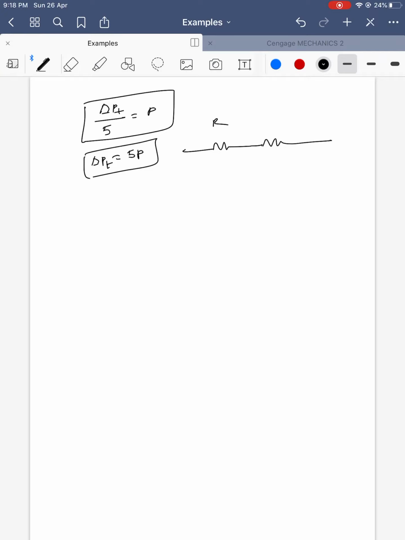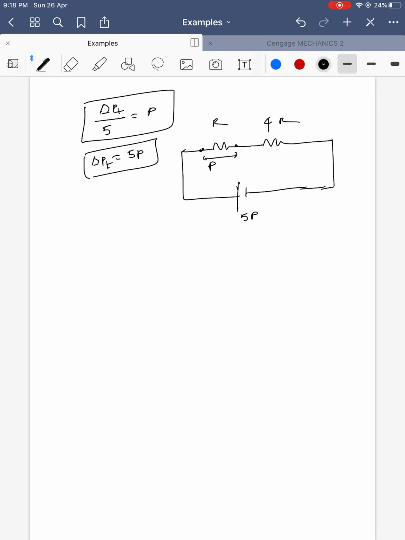Here is R, here is 4R, and the total delta P I got is 5P. I'm sorry, this is not 5R, this is 4R.